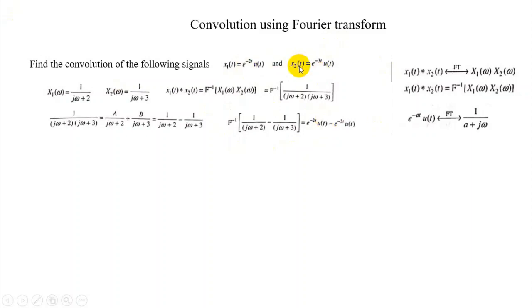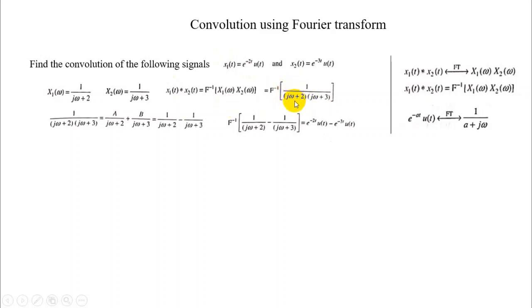So the process is that first of all you need to determine the Fourier transform of both given signals, then you need to multiply both of them, then after processing a partial fraction or something like that, you need to take the inverse Fourier transform of that signal. In many cases the partial fraction may not be useful or may not be required.